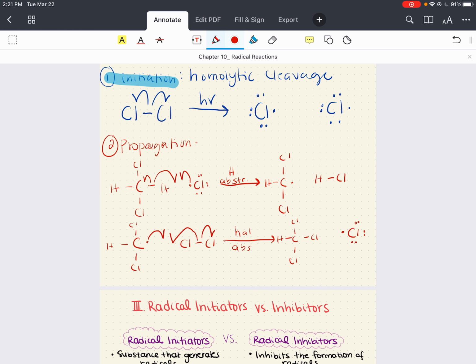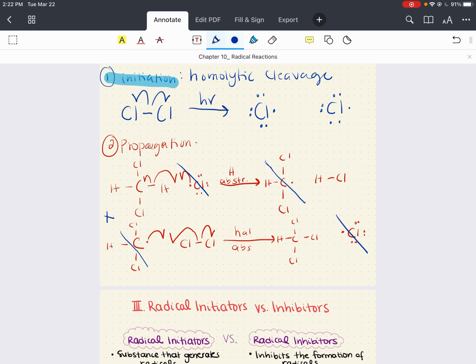Fantastic. Now, let's look at the net reaction of these two steps. If we add both of these steps, in one step we have chlorine in the reactants and chlorine in the products. When you add these two reactions together, those cancel out. Now, we have this radical in the products of one and as the reactants of another, and so those cancel out.